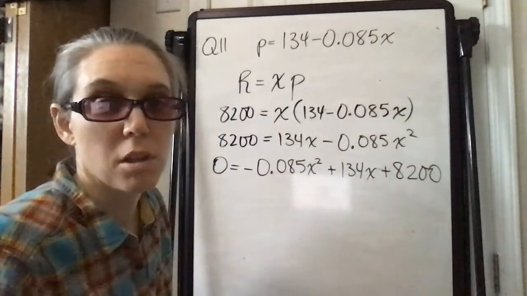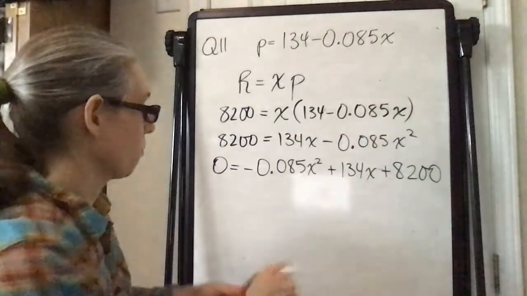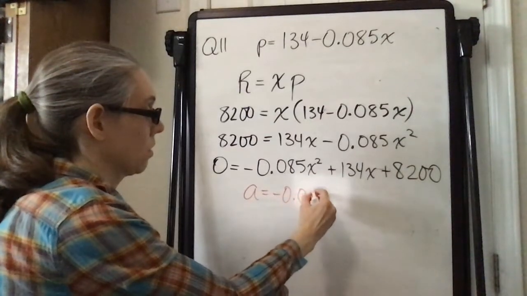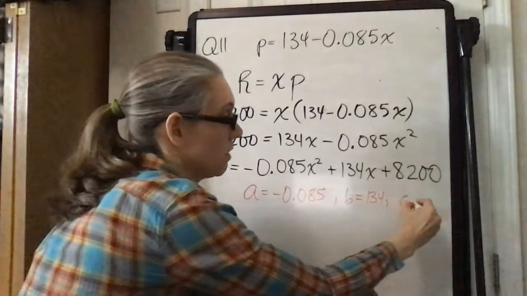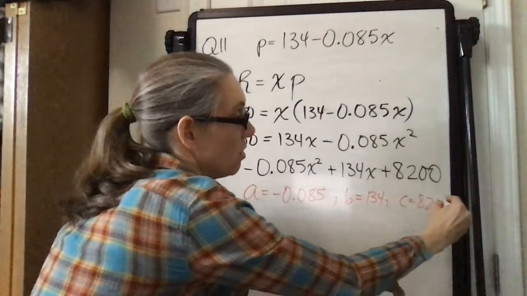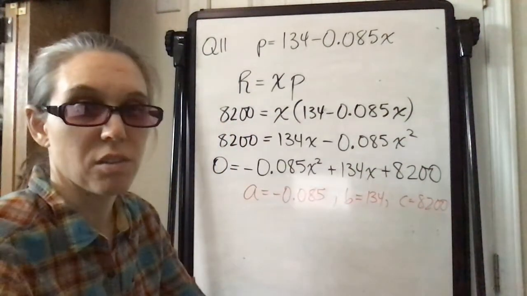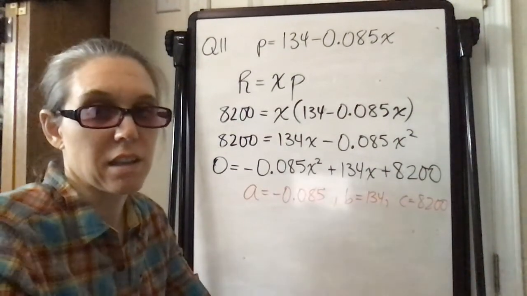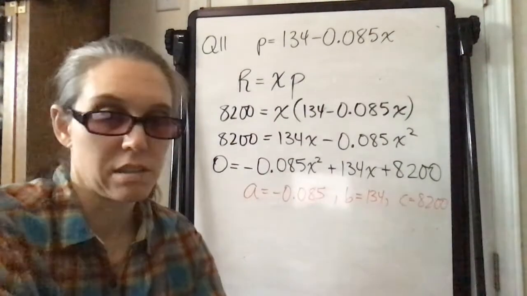So in this problem, your decimals do not disappear. You have an A value of negative 0.085 like that. You have a B value of 134 and a C value of 8,200. But you would then just plug this into the quadratic formula. And you can try doing that with a decimal and see what happens.